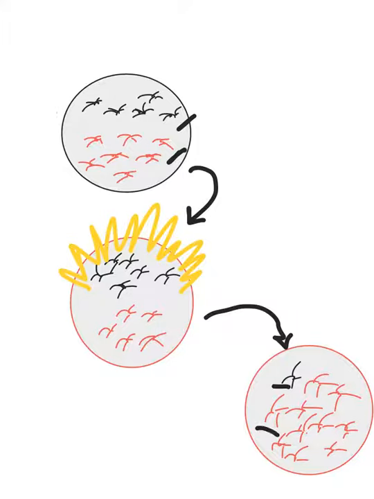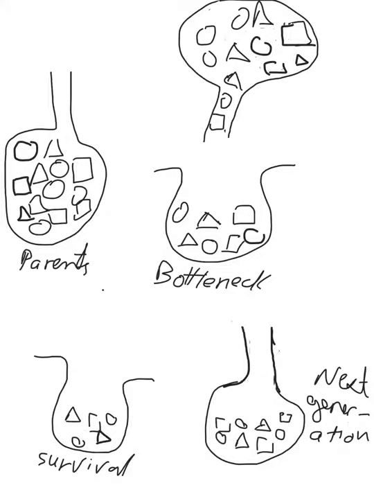Finally, there are two specific circumstances in genetic drift. The first circumstance of genetic drift is population bottleneck. When the population goes through a huge change that drastically reduces its size, there will be a change in the frequency of alleles.